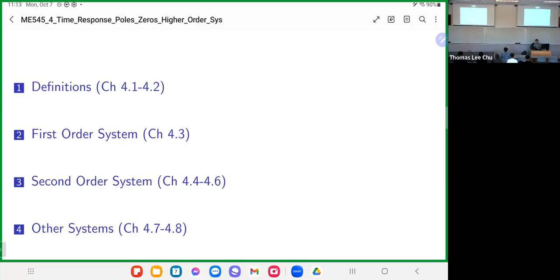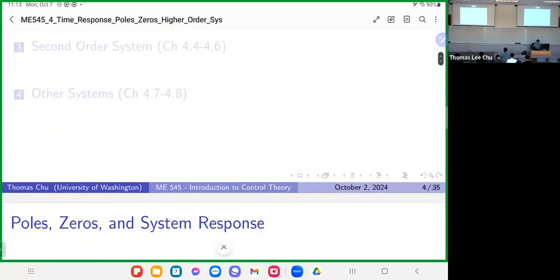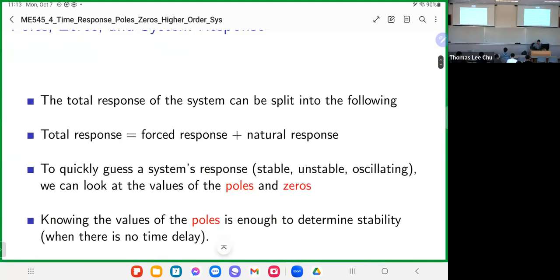If you take a partial fraction of higher order systems, it becomes a sum of first and second order systems, meaning that we can approximate all higher order systems as a series of first and second order systems. So we're going to start with chapter 4.1. It's going to be on definitions.